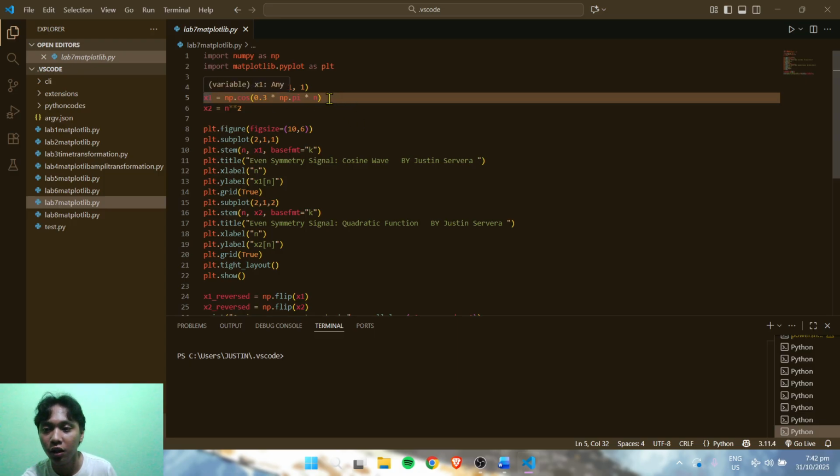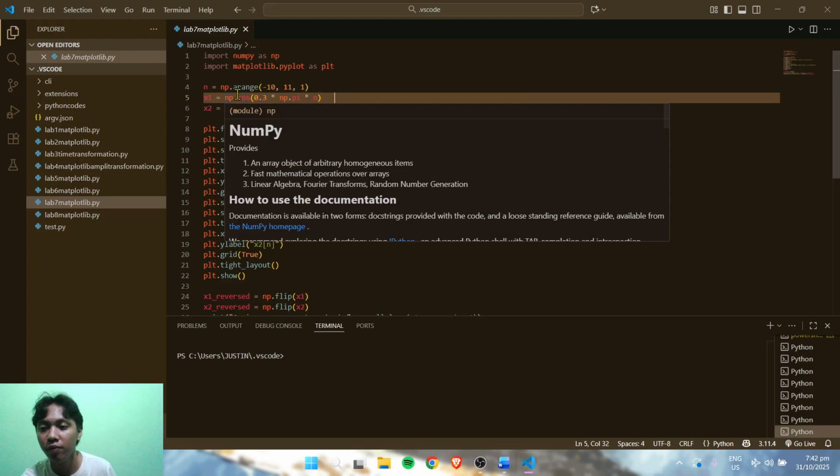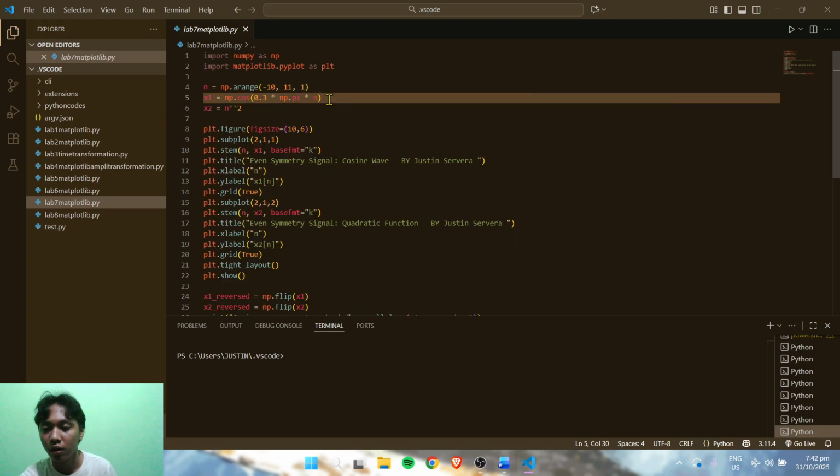x1 is the cosine wave, np.cos. This generates the cosine wave function and the formula. This controls or manipulates the frequency, how fast the signal oscillates.